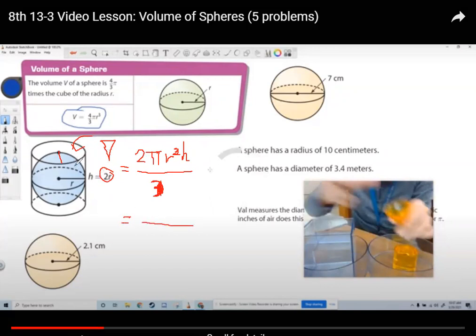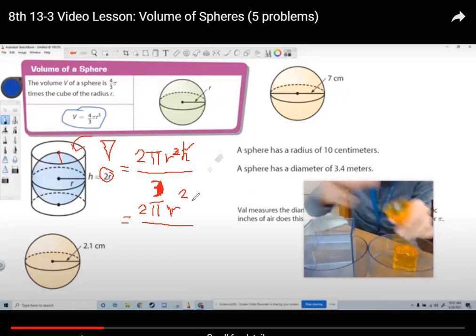So we said that the volume of a sphere takes 2/3 the volume of the cylinder. So I will remove now the height and put 2r instead of it. So it will be 2π times r to the power of 2.